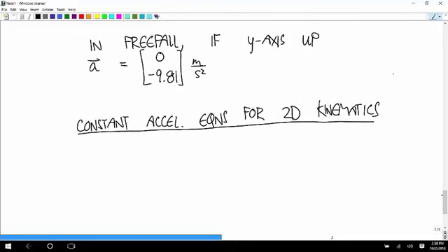Okay, so the first equation that we had in 1D said velocity final is equal to velocity initial plus a times time final. And that still holds in two dimensions, except we have to deal with components. So this is true for x components.